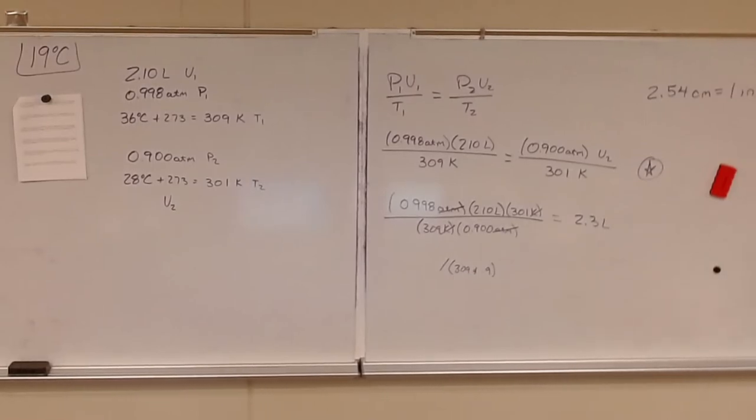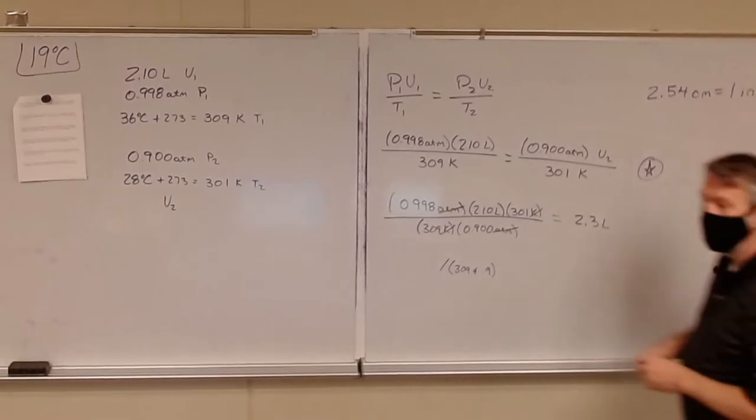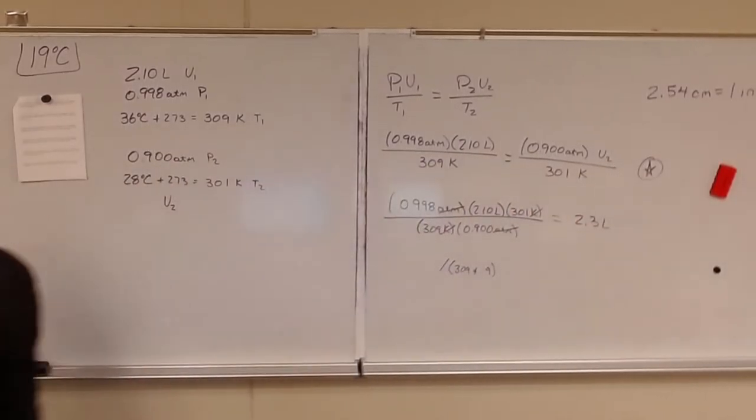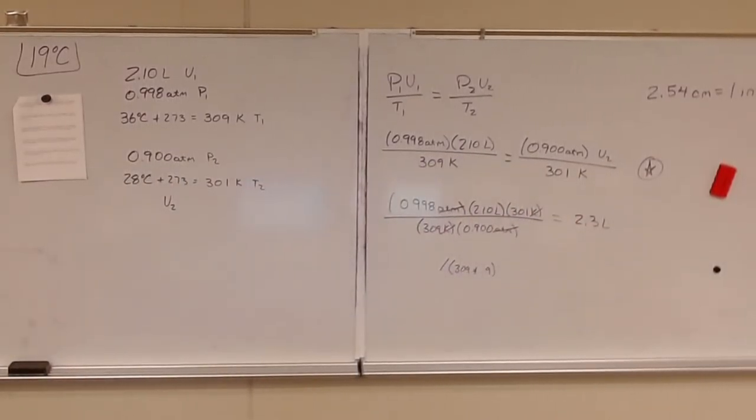Can you take a look at that? Because I keep getting the same answer, but it's different than that one. I don't know if I just plugged it in wrong. What did you do here? Yeah, so what you're saying is all this, then divide by this, then multiply by this.